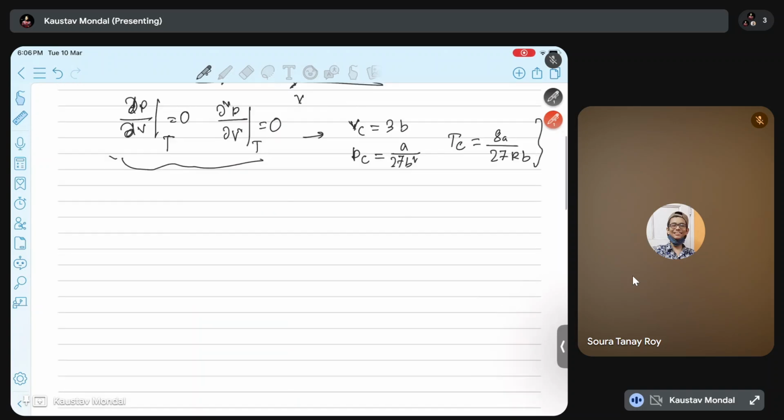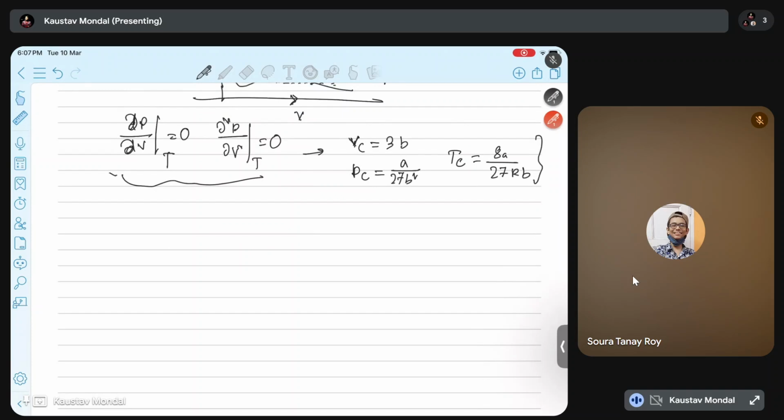We also define one quantity, which is known as the critical ratio. This is just a dimensionless number, the ratio RTc by PcVc.